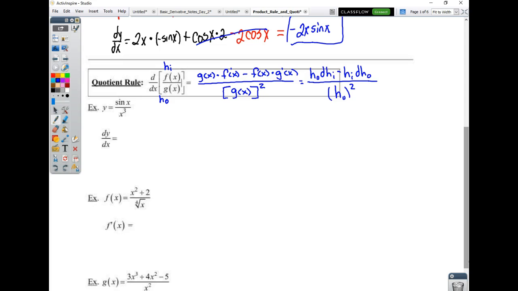So how does this function wind up working out? So let's take a look. We got y equals the sine of x over x cubed. Okay? So the way that we do this, I'm going to try to color code this. So the way we attack this problem, we take the low times the d high. So which one is the low? Times the d high.